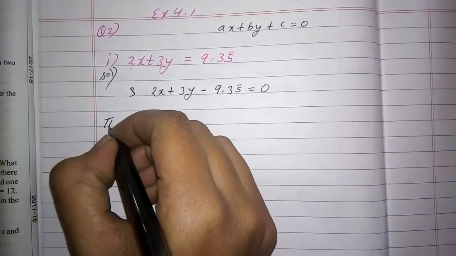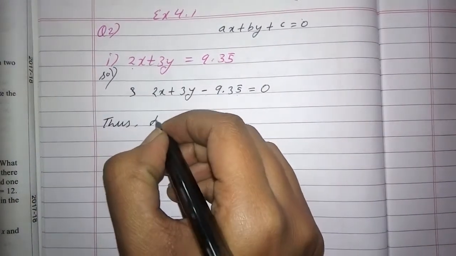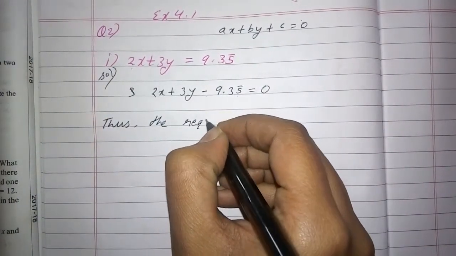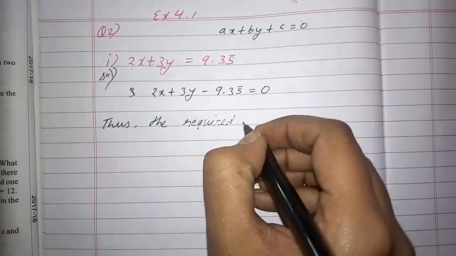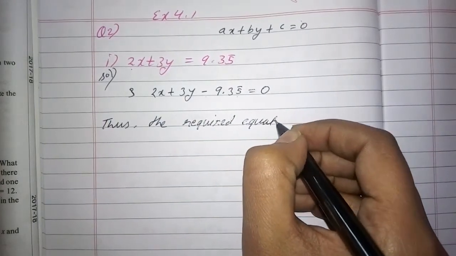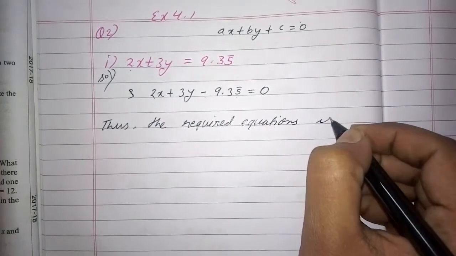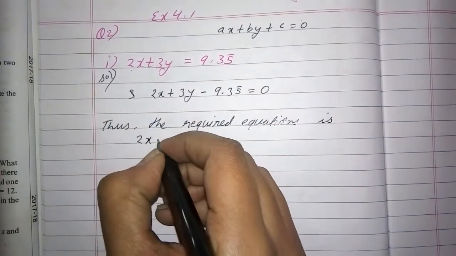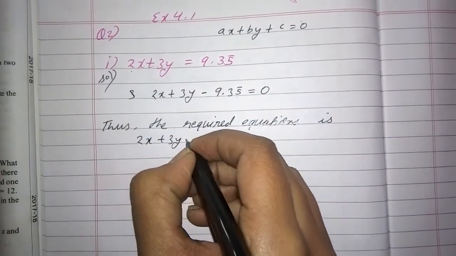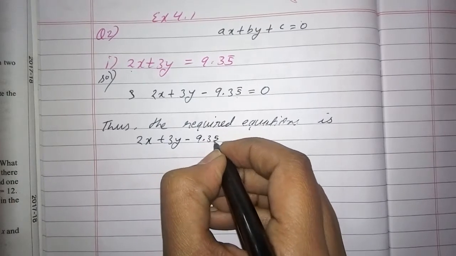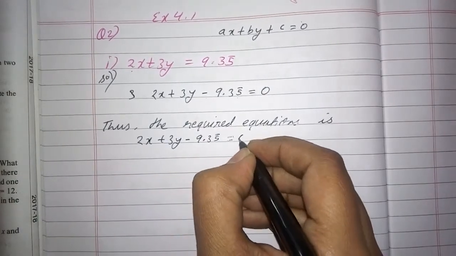Now thus the required equation is 2x plus 3y minus 9.35 bar on 5 equals 0.